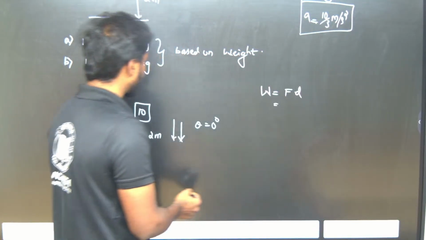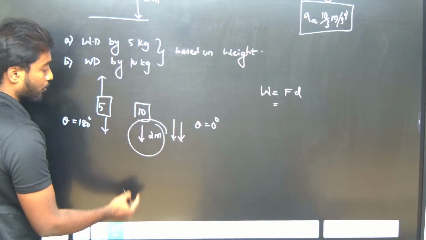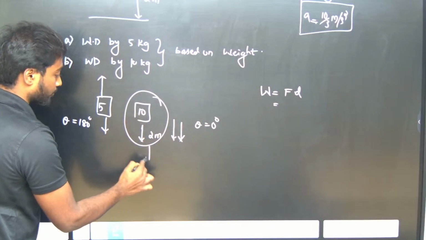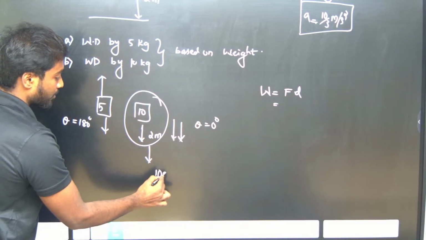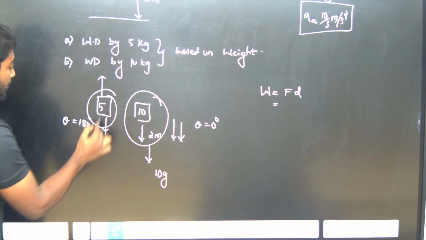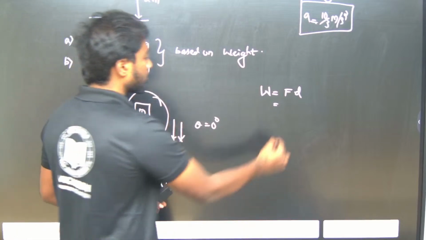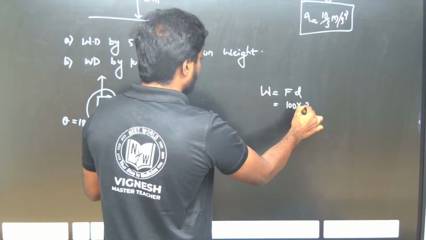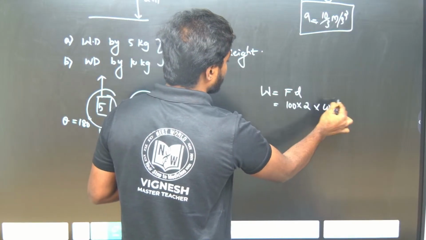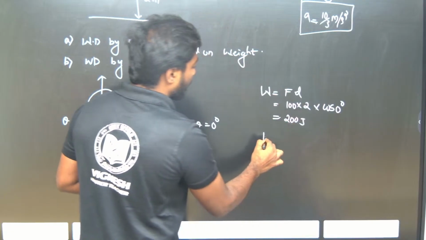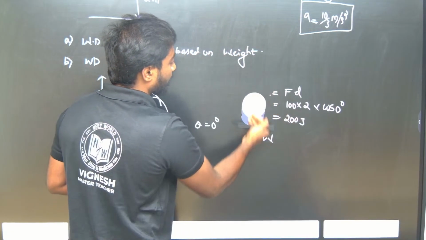What is the force for this 10 kg? It is nothing but 10g. And for this it is 5g. So 10g is nothing but 100, no? So 100 into 2 into cos 0 degree, which is nothing but 200 joules. Work done by 10 kg, okay?